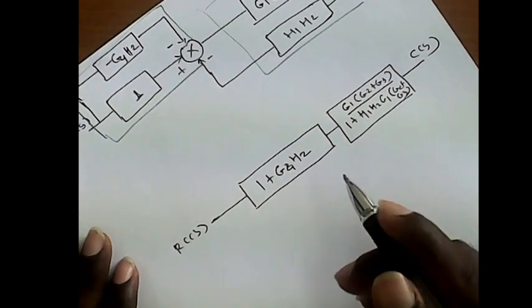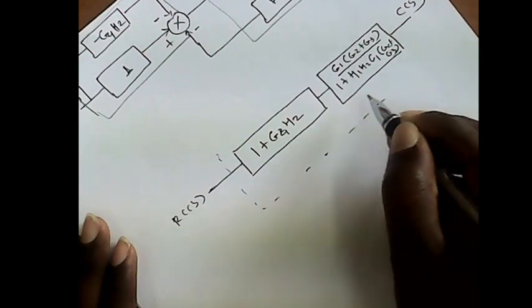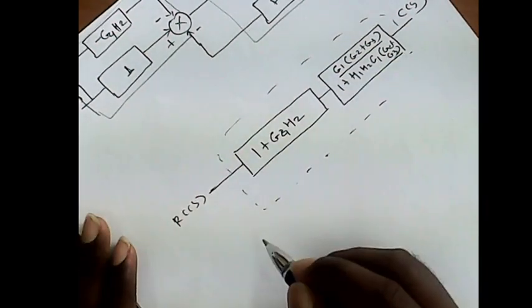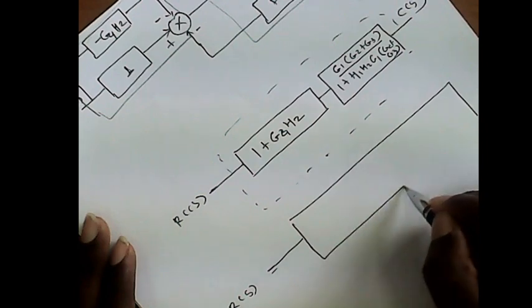Now if you observe, these two blocks are in series, so we can get a transfer function. When these two blocks are in series, they can be multiplied with each other, so we get one combined block after solving.